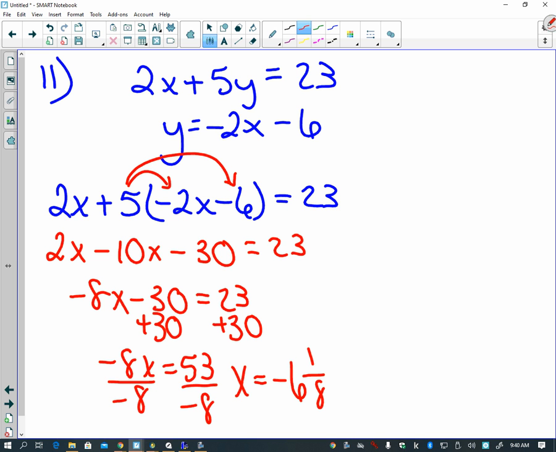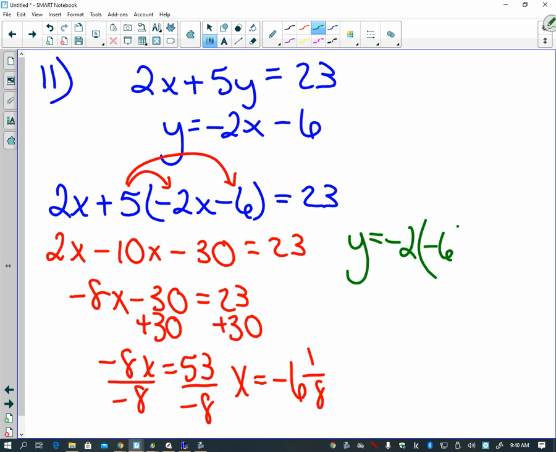How do I solve for y? Plug x in for y. Which equation would you plug it into? Does it matter? No, which one's easier to do though? Okay, so y equals negative 2x. So you're saying do y equals negative 2 times what?